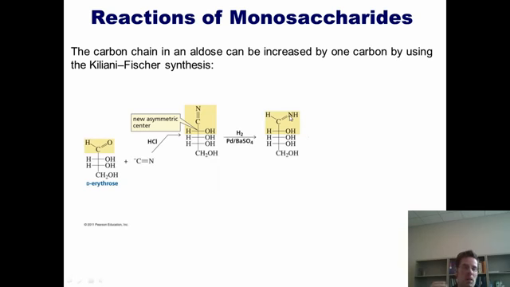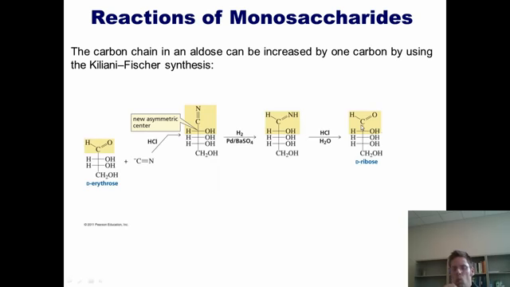You might remember us talking about imines back in chapters 18 and 21. Once I get to this imine intermediate, I can then treat it with acid and water to hydrolyze off the nitrogen and convert it back into an aldehyde. I've effectively taken my initial starting material, the sugar, and over 3 steps converted it into a sugar that is 1 carbon longer.